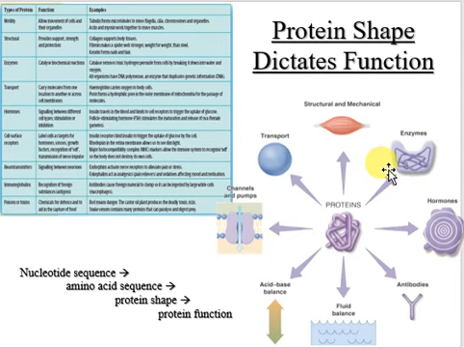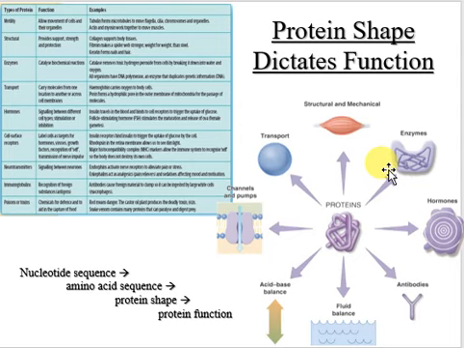Transport proteins facilitate transport of other substances. Example is hemoglobin. Hemoglobin is the iron-containing protein of vertebrate blood, and it transports oxygen from the lungs to other parts of the body.